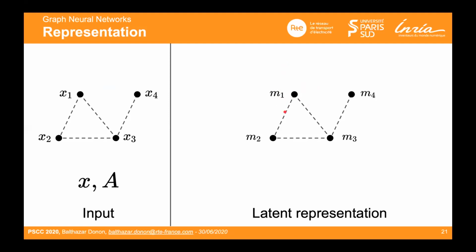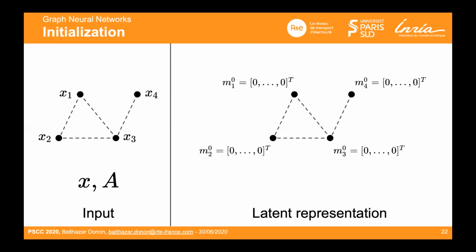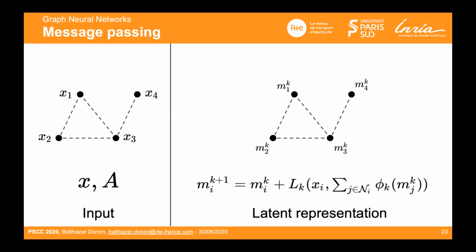If you want to keep it scalar, you can also. So the first step is to initialize the latent representation. At the very beginning, you initialize all the latent variables to 0, because at this point, you have no information over the neighborhood. So you cannot make any decision.